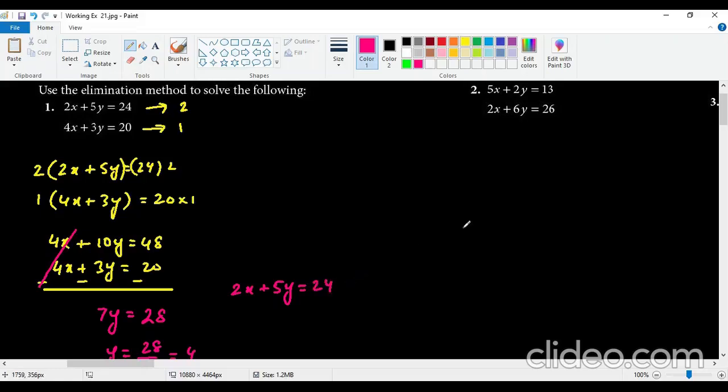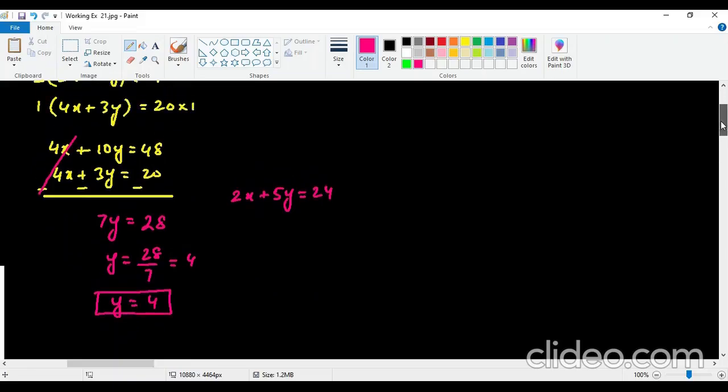Now in here I will use the value of y that we have already found out. 2x plus 5, I will substitute here, and the value of y is 4. That means 2x plus 20 equals 24.